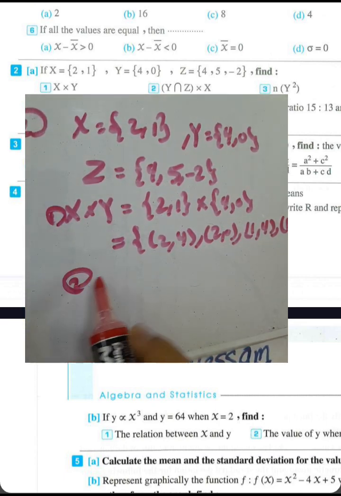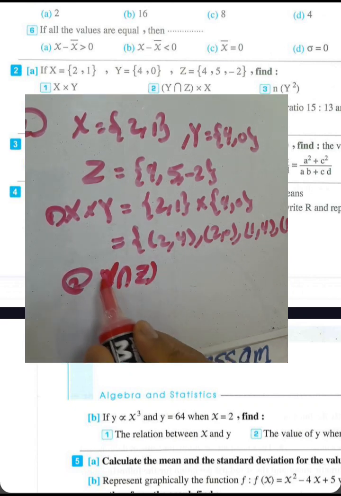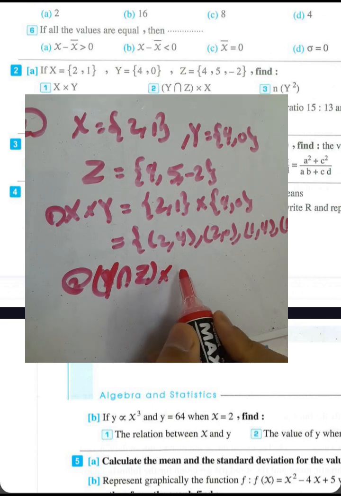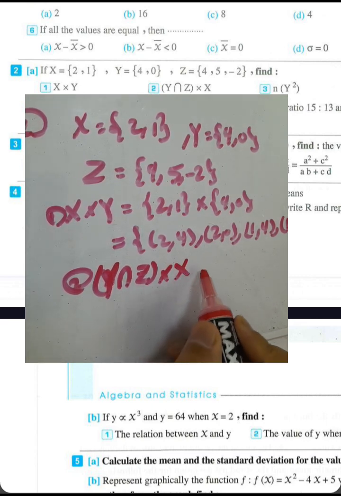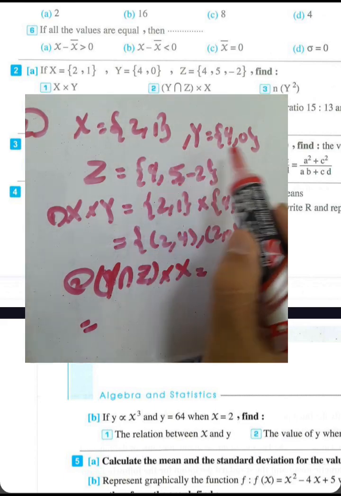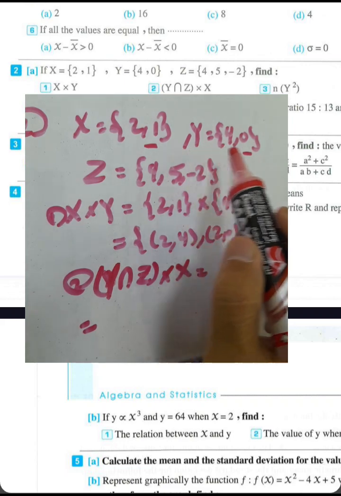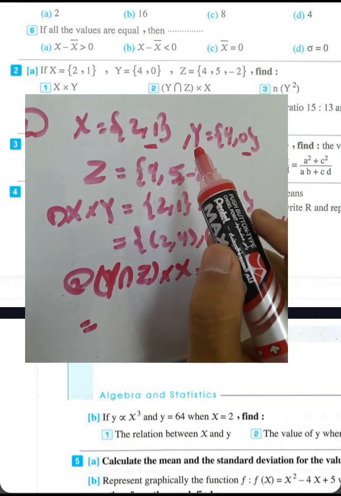Question number 2. x or y intersection with z, Cartesian product with the set of x. We can find the intersection between x and y here. The intersection between them, we haven't any similar numbers. The result will be phi, null set.